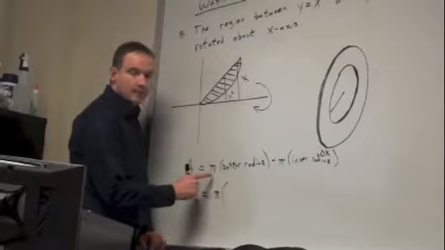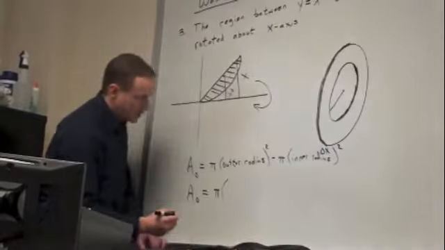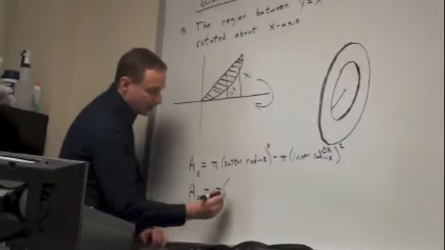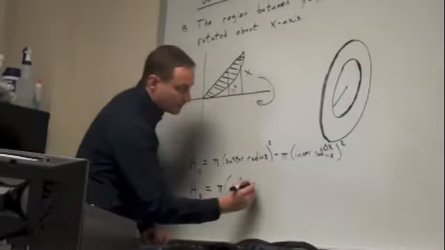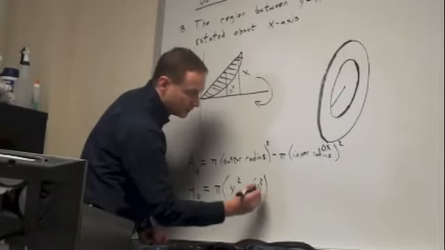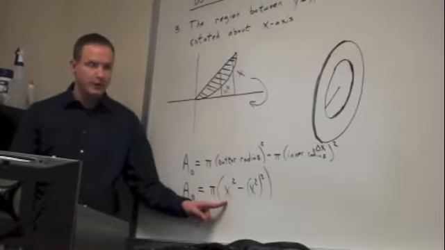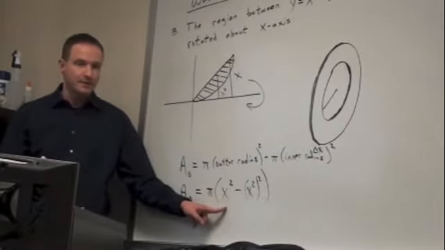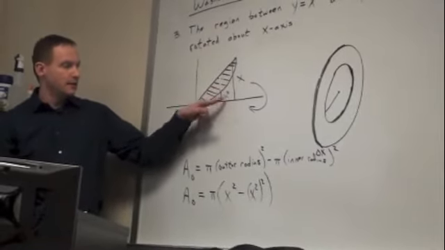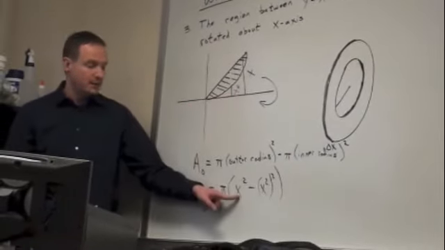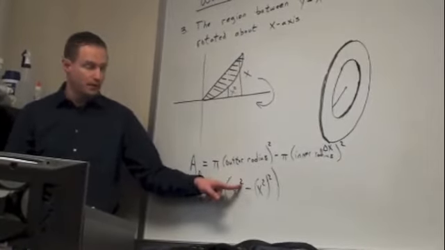So the area formula is going to be pi times the exterior radius, or the outer radius, x. Ooh, and it's pi r squared. So pi times x squared minus x squared squared. Please make sure you see where I'm getting that. This can look misleading because you might say, oh, he's calling the inner radius the outer. No, I'm not. This is the radius x, but our formula says pi r squared.